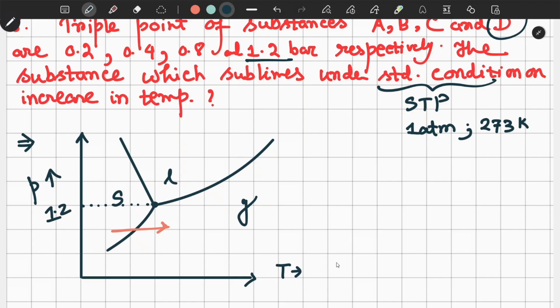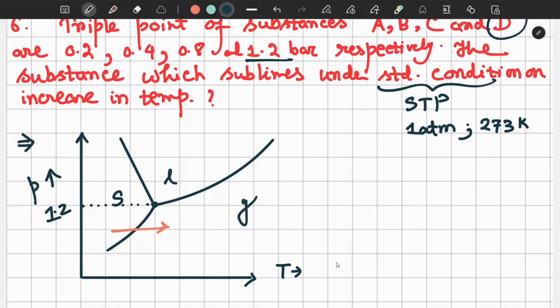At standard pressure, if you increase the temperature, it directly sublimes. Is it clear? Or should I draw the details with sublimation, melting? It is understandable, but that will be more clear.